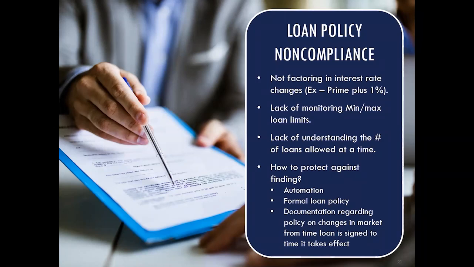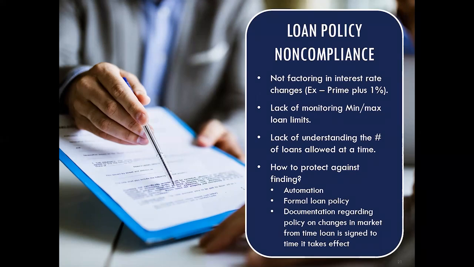And loan policies also always have a limit on the number of loans that an individual person can take at one time. Most only allow 1, but some plans do allow up to 2 or 3 to be taken at any given time. And if you have a plan that does allow multiple loans to be drawn at once, this is something to closely monitor so that you don't violate that loan policy.